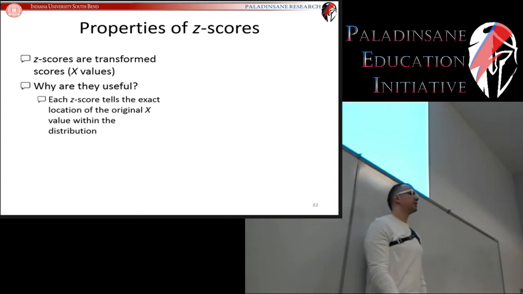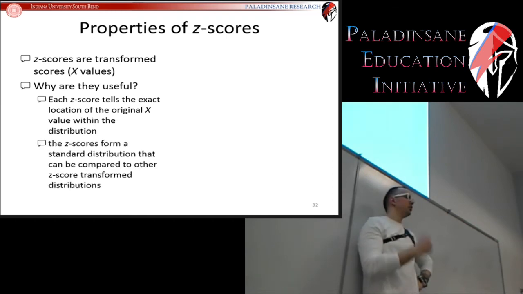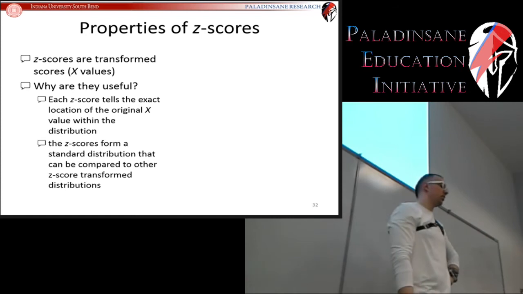So you know if it's high, you know if it's low. You can interpret the score because it's built in comparison to the distribution. And because of this, your z-scores can be compared to any other z-scores to know which one of your scores is bigger or smaller, higher or lower, compared to its own distribution.